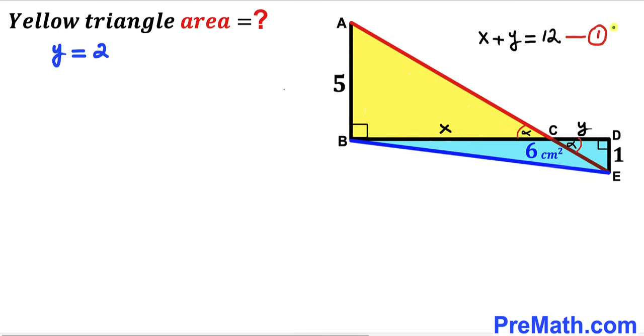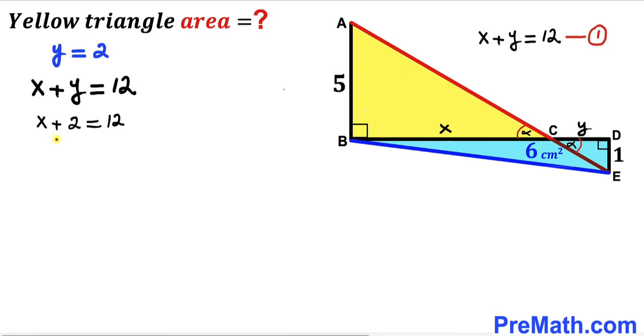Now let's focus once again on equation 1: x plus y equals 12. We just figured out y is 2, so I'm going to substitute 2 for y. We can write x plus 2 equals 12.